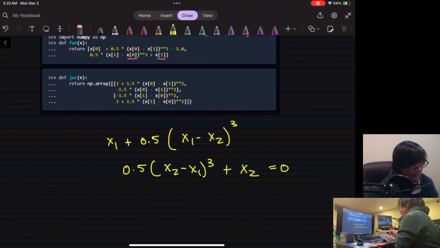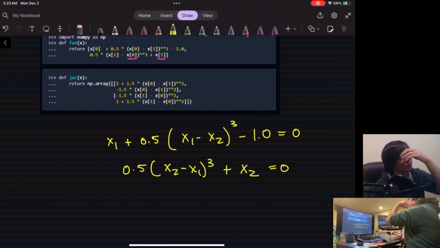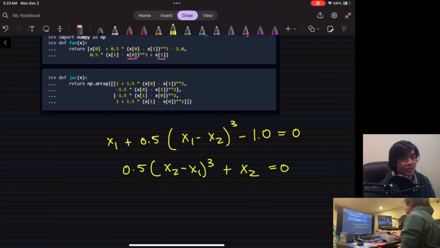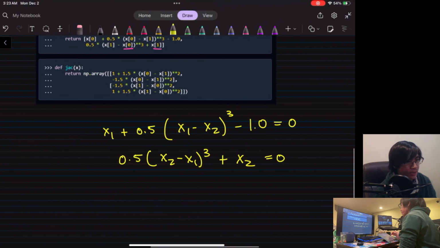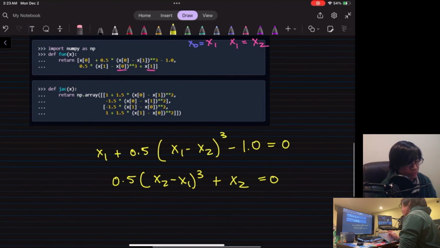So we'd move the 1 over to the side. They already have it, but I moved it so it would look like something we've seen before, or how you'd normally see it. But again, for the root solver, we have to make sure the equations here are equal to 0. So 2 equations, 2 unknowns, degrees of freedom work out just fine.